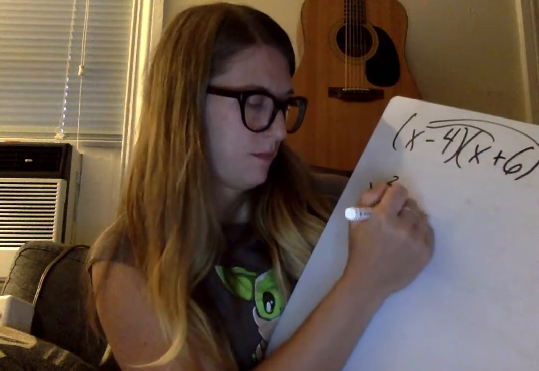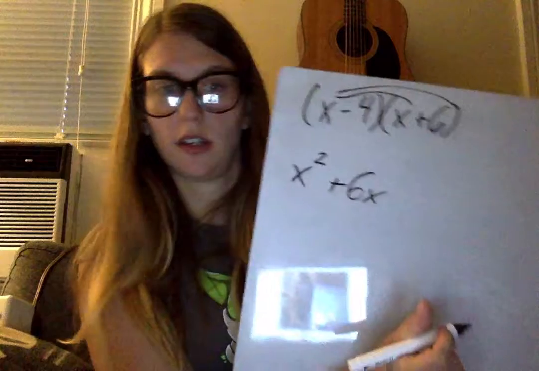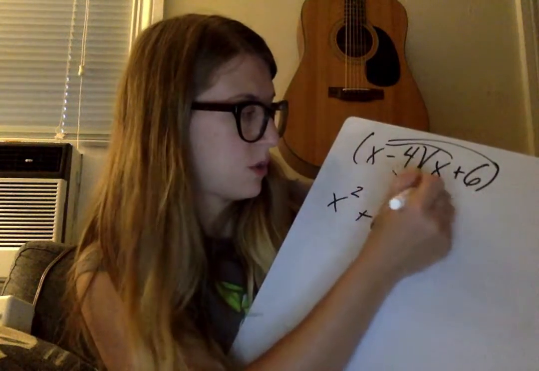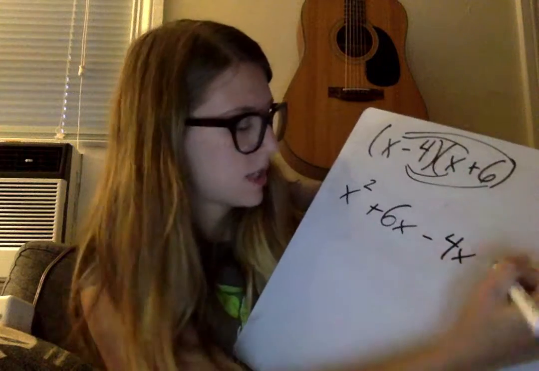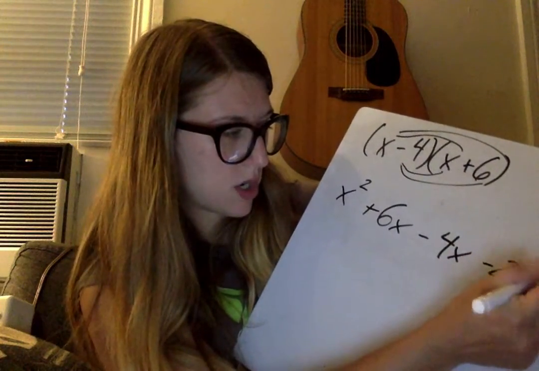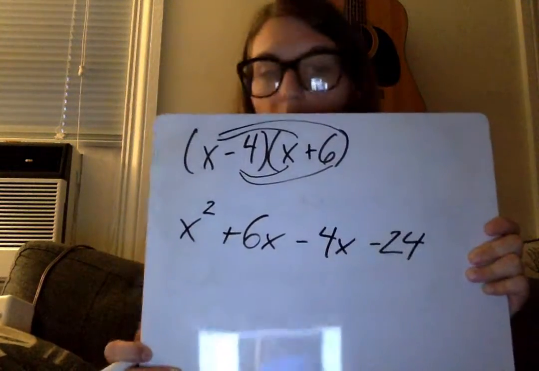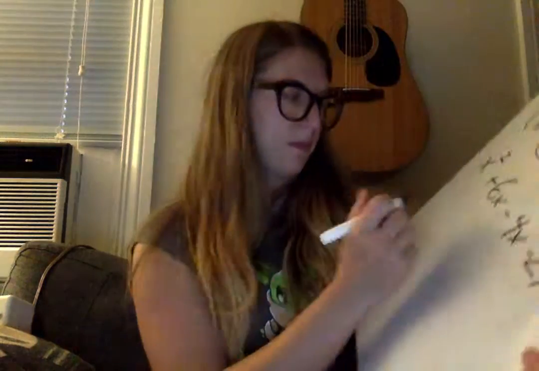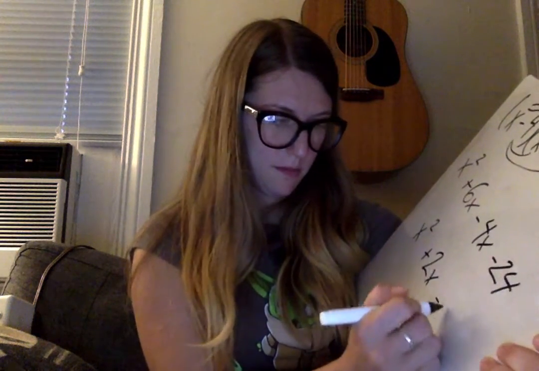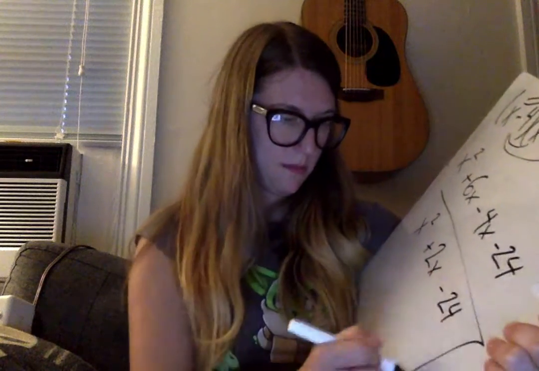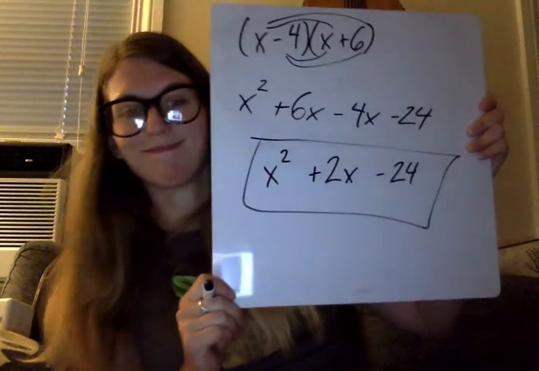X squared plus 6x. And then we're going to swish, swish. Minus 4x minus 24. And then combine like terms. Ta-da!